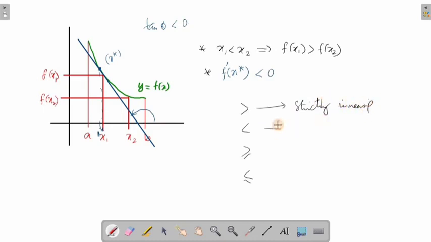This means strictly decreasing. I hope you are able to understand. Less than means I'm talking about this sign of the slope. If you have equal to also, it means just increasing. And if it is less than or equal to, it is just called decreasing. Now I'll show you one more example.